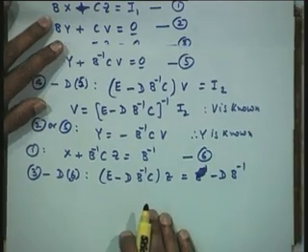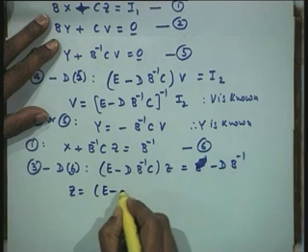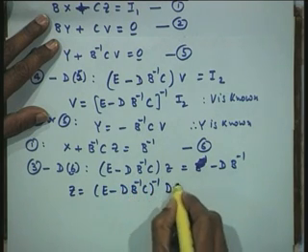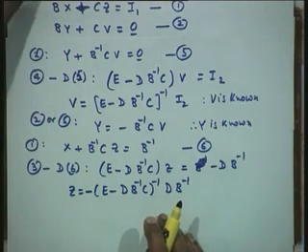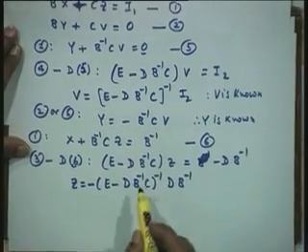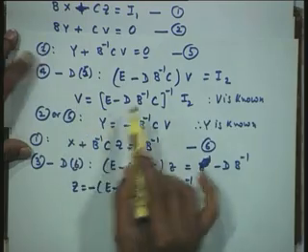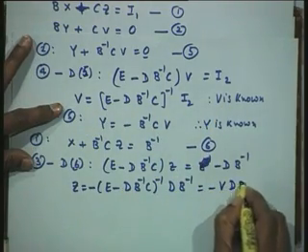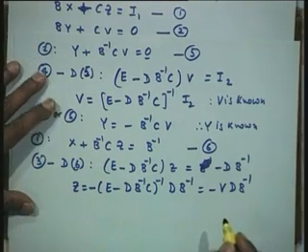Therefore Z is equal to minus E minus dB inverse C inverse dB inverse. Let us bring this minus sign over here. But this E minus dB inverse C inverse is V, therefore I can use this value of V and write this simply as minus V dB inverse.